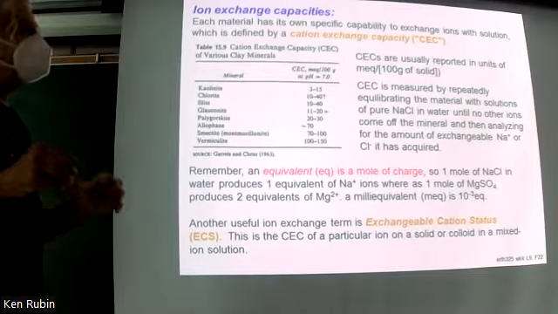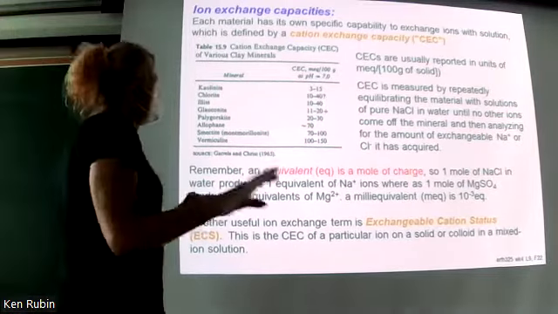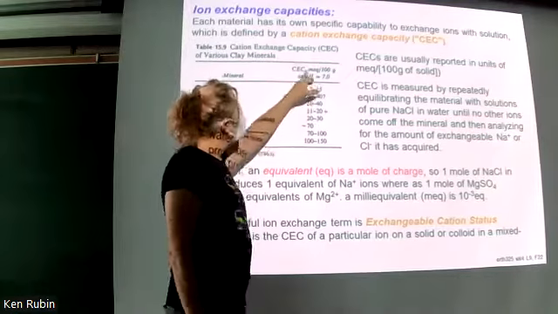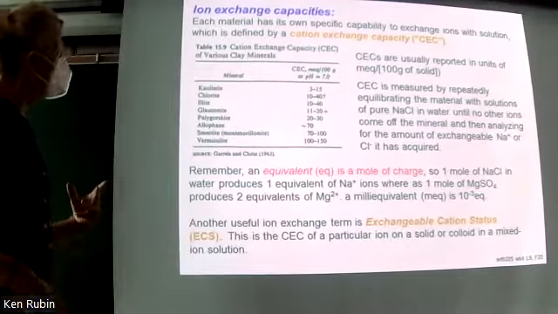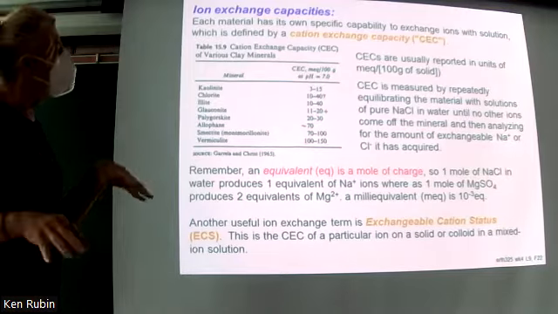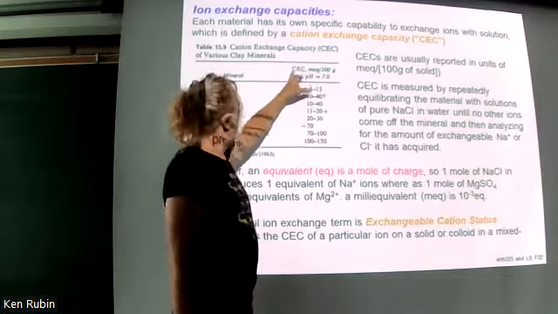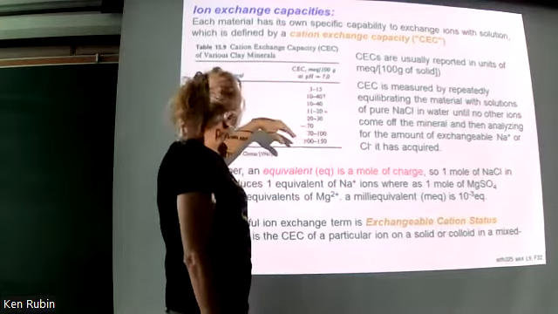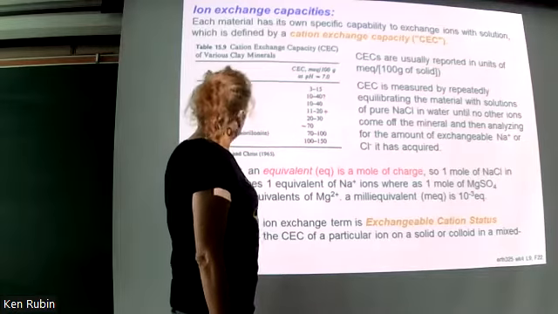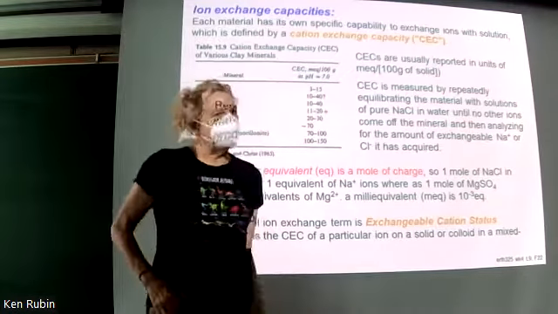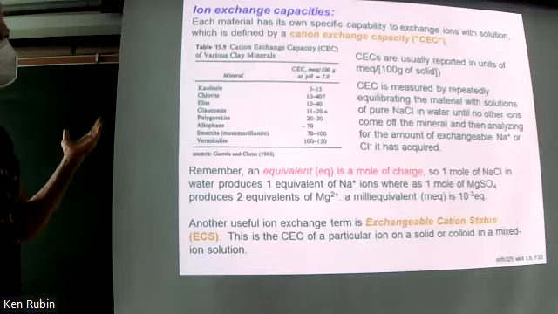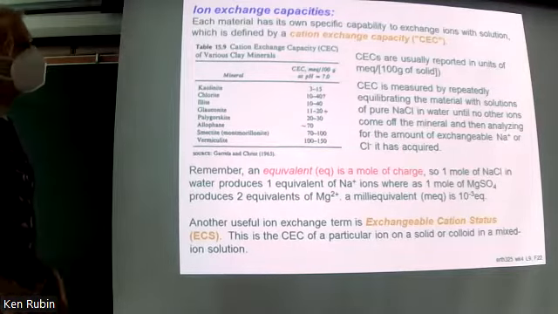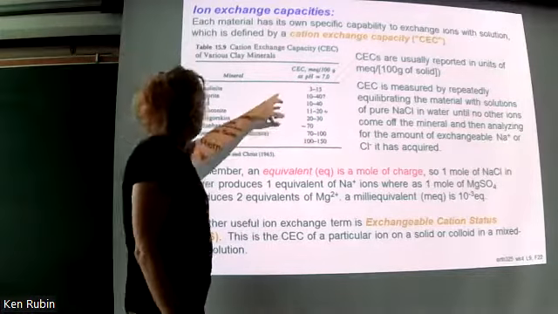It's measured in milliequivalents, equivalent being a mole of charge, milliequivalent being a 1,000th of that, per 100 grams. I don't know who came up with this scale, but in any event, it's a scale. It tells us kaolinite has somewhere between 3 and 15 milliequivalents, 1,000th of a mole of charge in 100 grams of that clay. And that's considered low CEC.